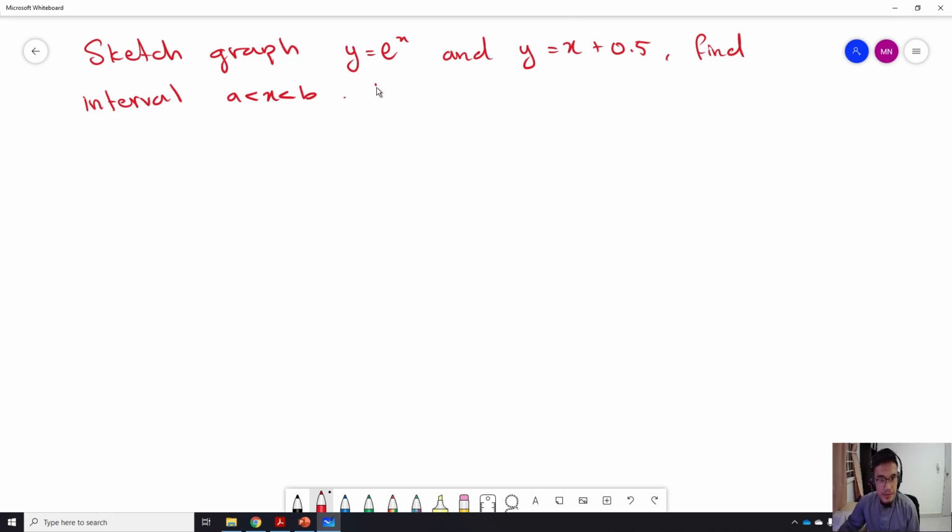Then solve the equation e to the power of negative x equal to x plus 0.5 by using the Newton-Raphson method, to 4 decimal places.